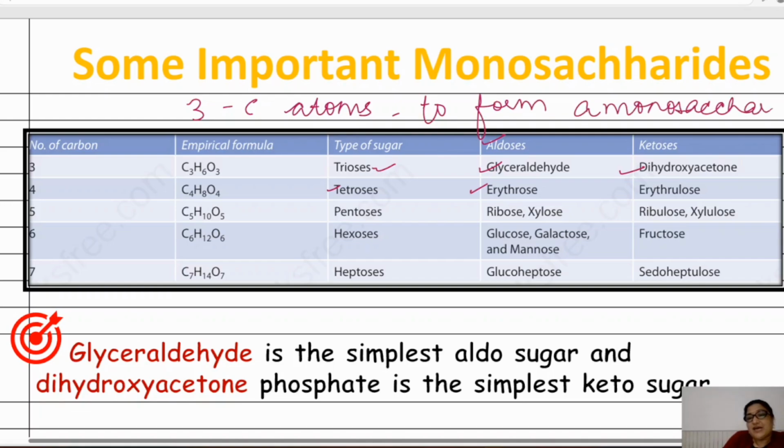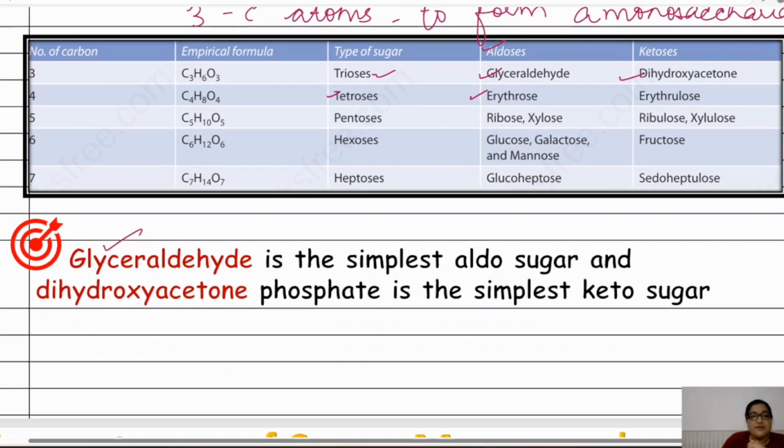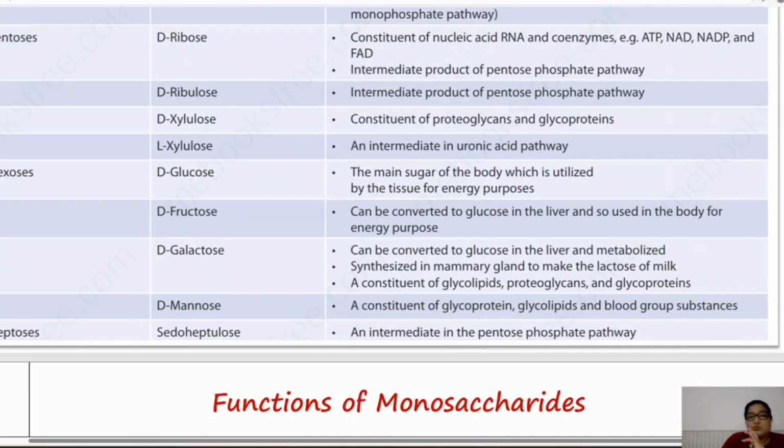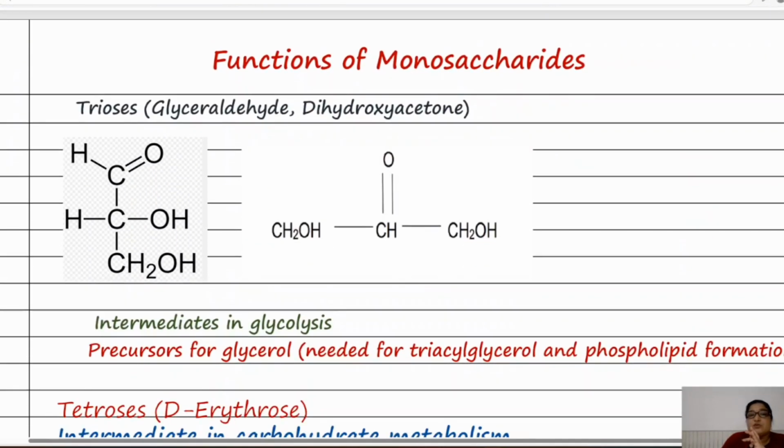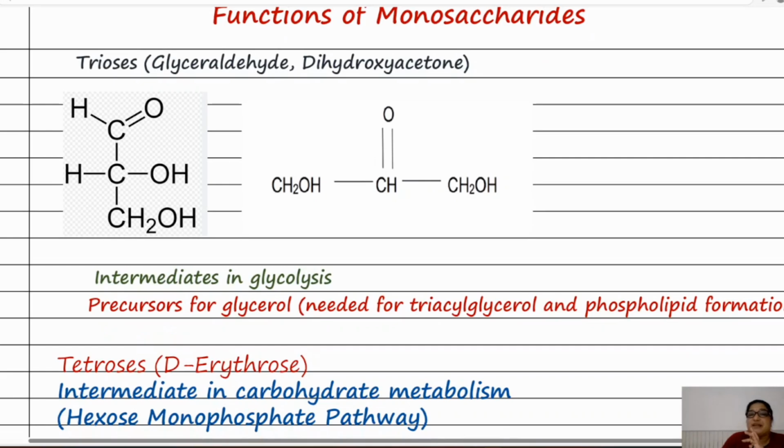Whenever it comes to monosaccharides, glyceraldehyde is the simplest aldo sugar and dihydroxyacetone phosphate is the simplest keto sugar. Let us move on to the importance of certain monosaccharides.